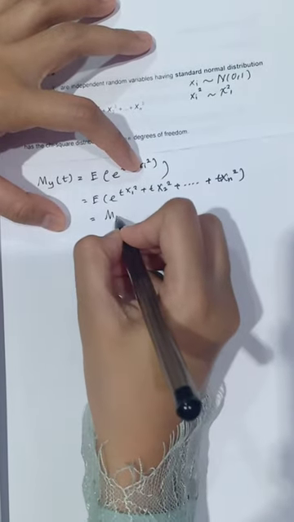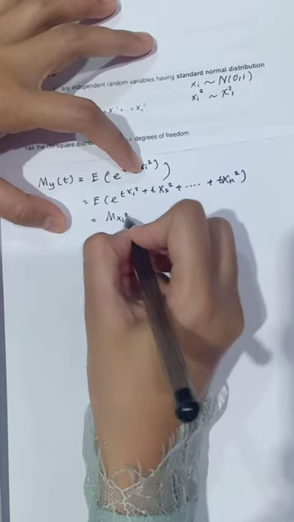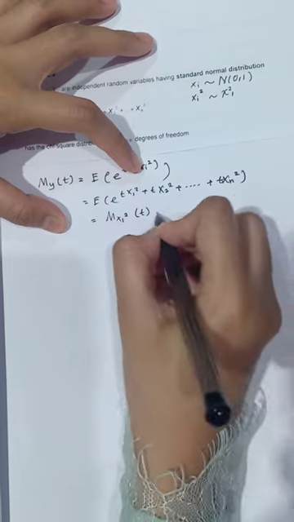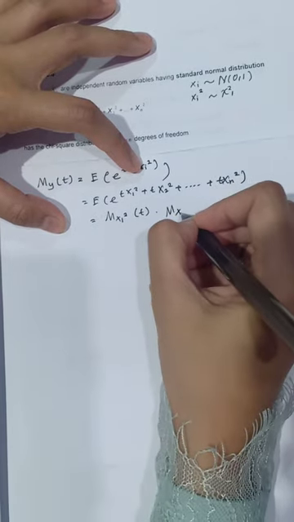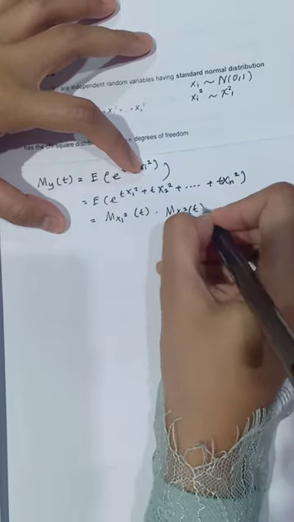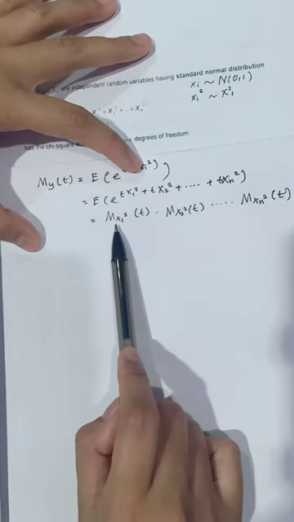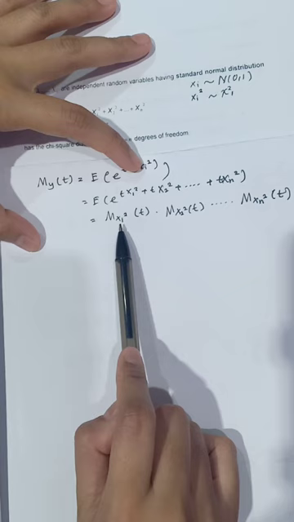Alright, so I can write it as M of X1 square (t) multiplied by M of X2 square (t). Is it true? And until M of Xn square (t). Okay, so why do I put here M of X square?